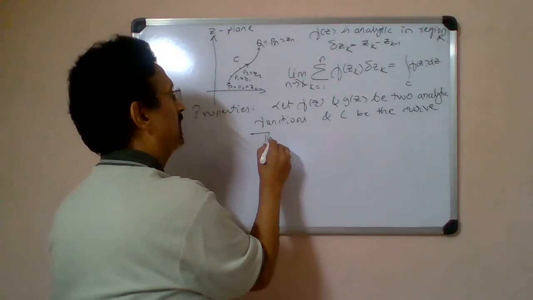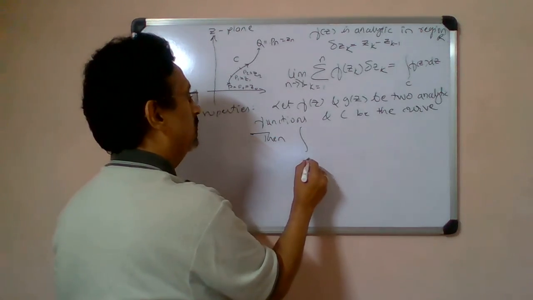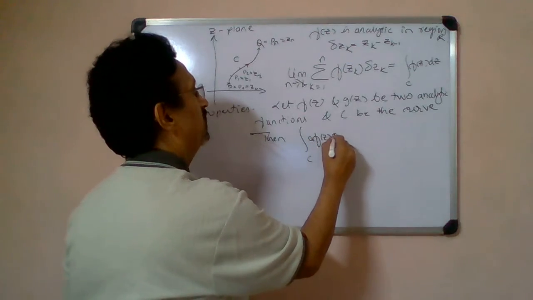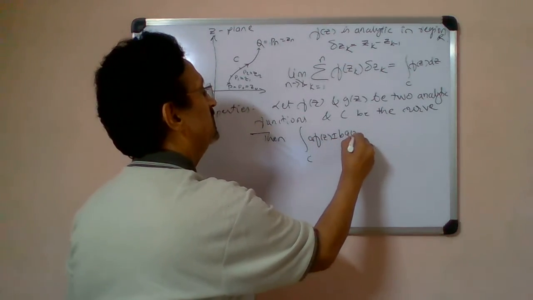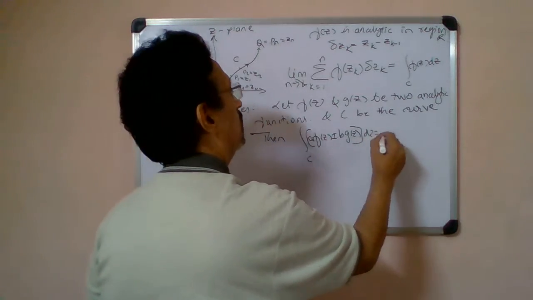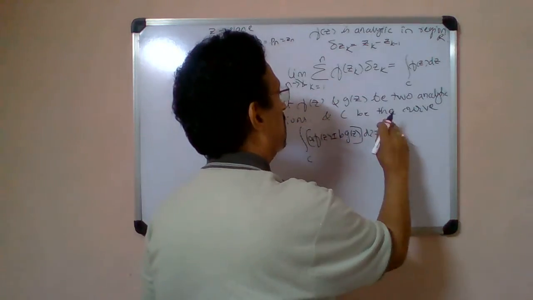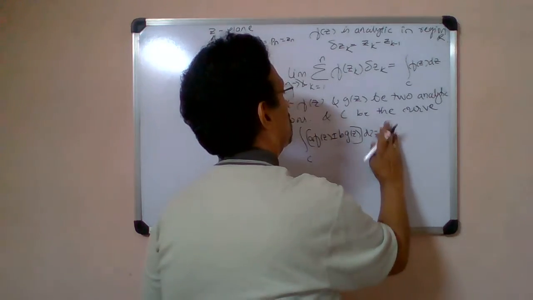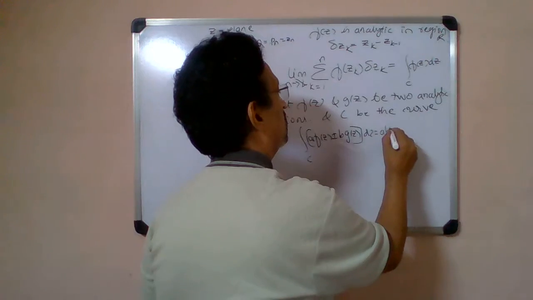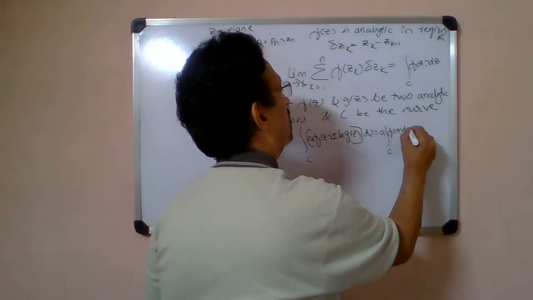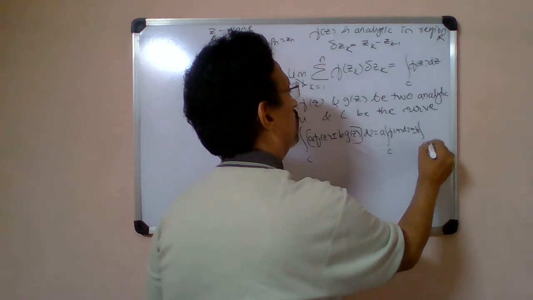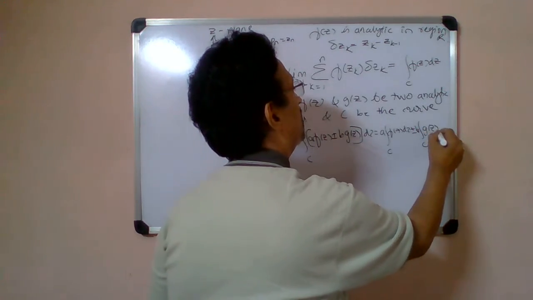Then the integration over C of a times f(z) plus or minus b times g(z) dz is equal to a times the integration over C of f(z) dz plus or minus b times the integration over C of g(z) dz, where a and b are constants.